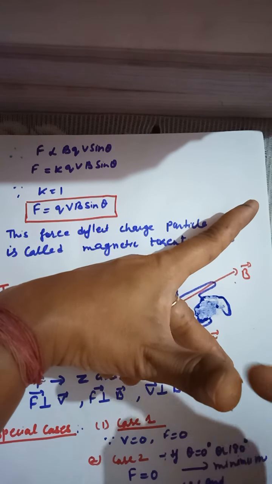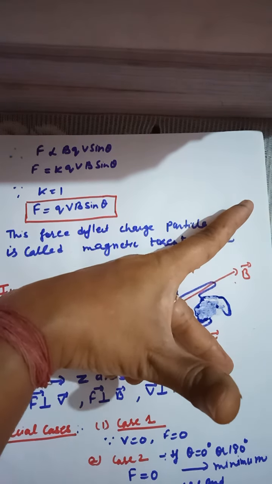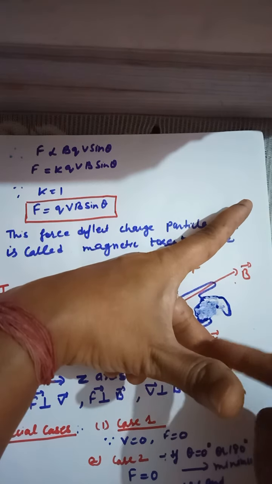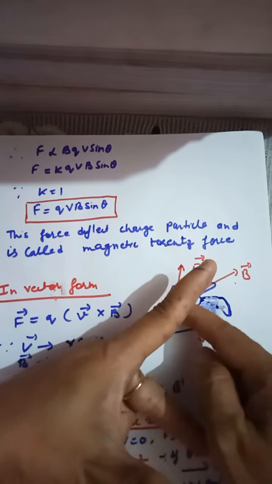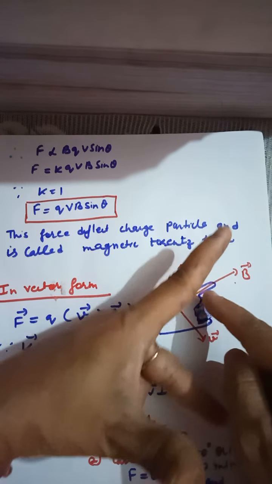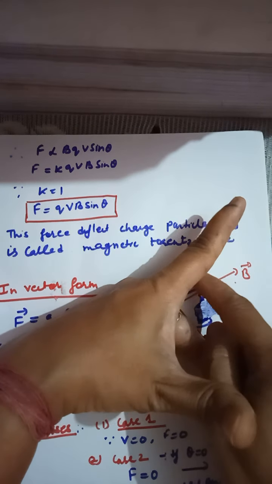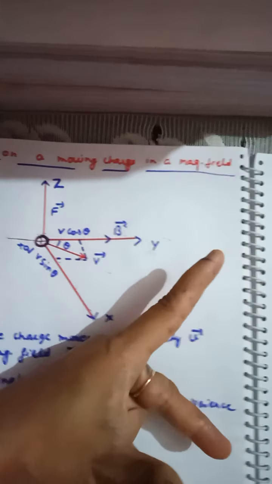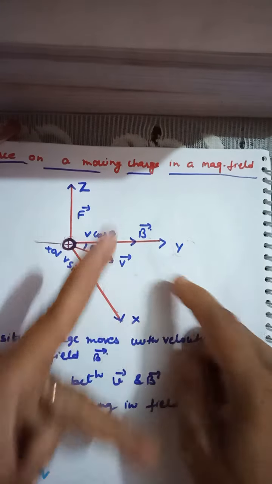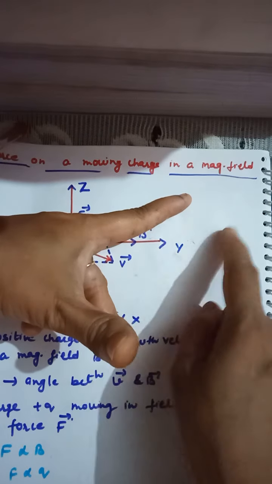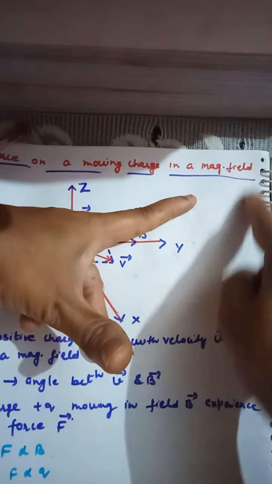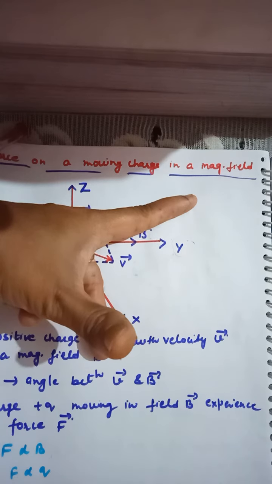So where is the direction of the force? The direction of force is perpendicular to these two, in the upward direction. So this charged particle will move along the z axis, as indicated here. This is the direction of the force. Suppose this is the direction y and this is the direction x.